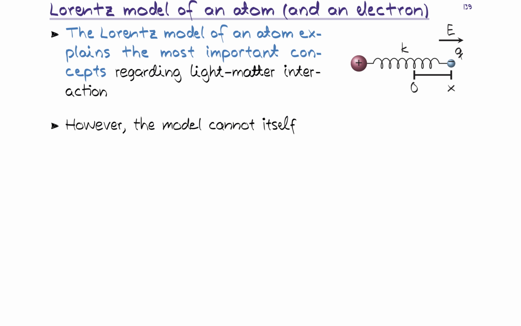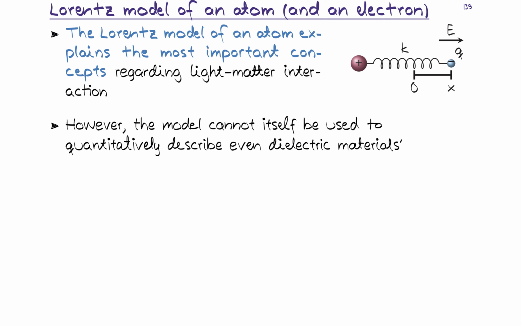The trouble here is that it's qualitative: we cannot really use it to quantitatively describe different refractive indices, even for different dielectric materials. So it's a qualitative model that doesn't have much good quantitative predictive power.